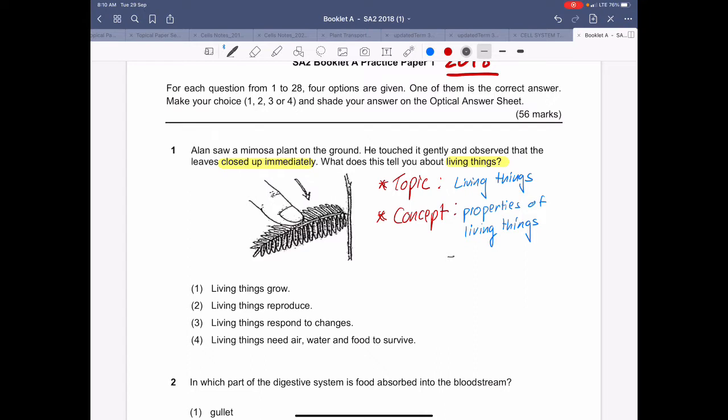For example, living things die. Living things reproduce. Living things grow. Living things respond to changes. And living things require air, food, and water to survive.